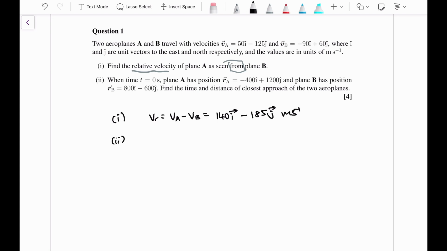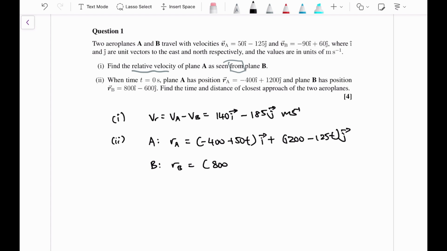Plane A's position, RA, will be equal to negative 400 plus 50t, i, plus 1200 minus 125t, j. And then B's position will be similar. Let me write this down. So this will be 800 minus 90t, plus, this is minus 600 plus 60t.